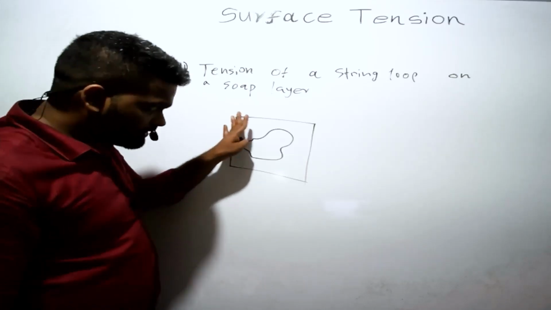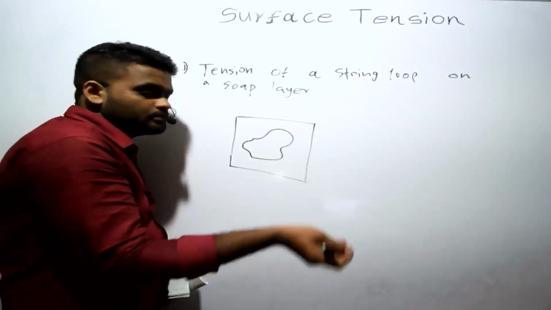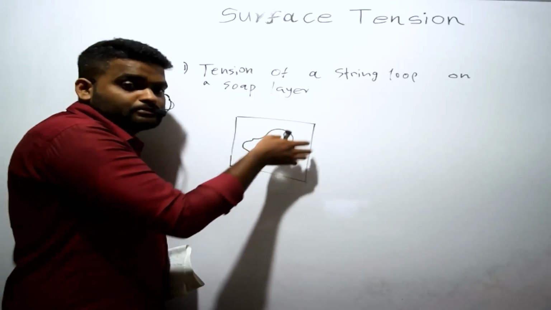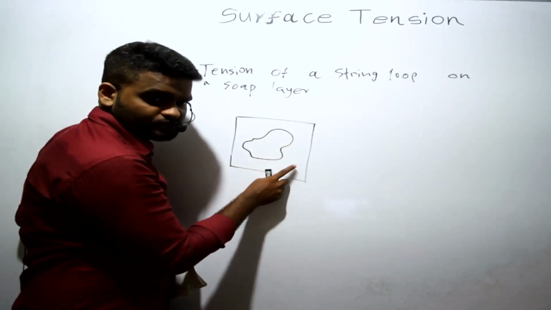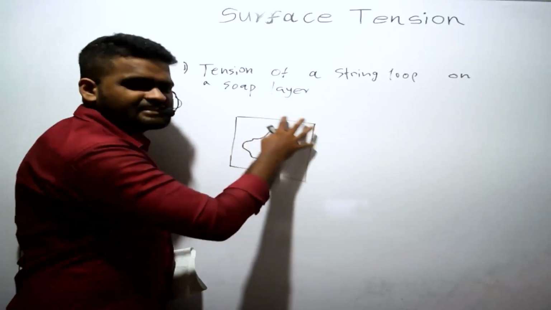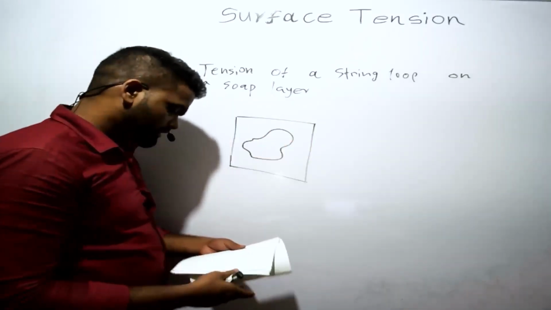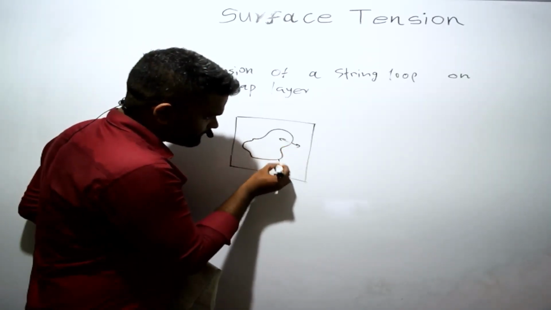Understood? So you have the wire frame, then you make a soap layer, then take a string loop. You put it on carefully, without breaking the soap layer. So you have soap layer here and soap layer here. Then it just remains like this. What about the surface tension forces?